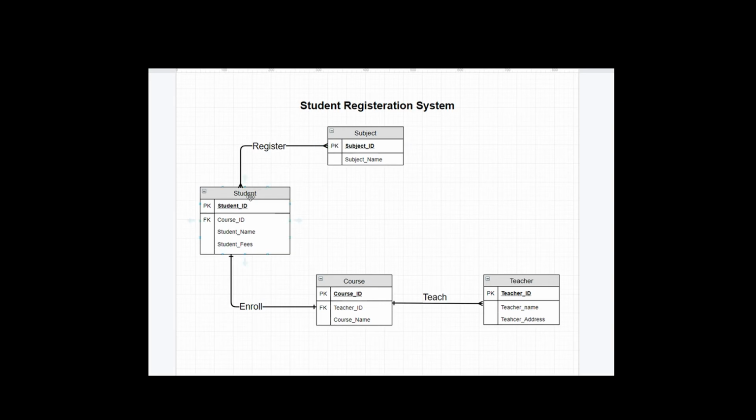And for the student and course relation, it's a one to one relation, which means that one student can choose one course. And the course has a relation with the teachers, which is a one to many relation, which means that one course can be taught by many teachers, and many teachers can only teach one course.